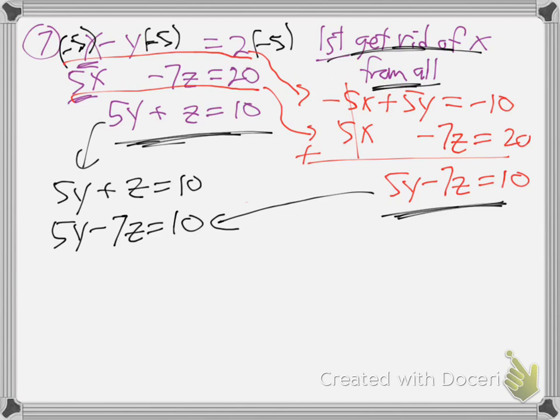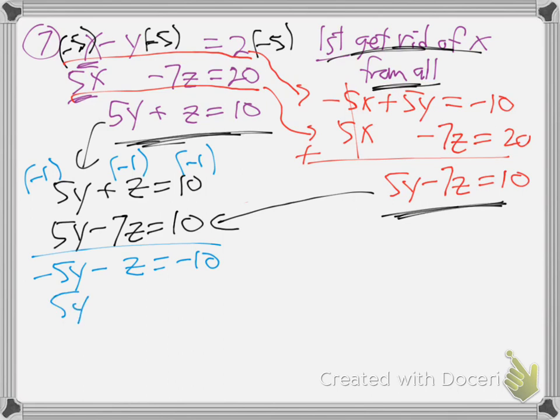What am I going to do? Yeah, -1. You can do the top equation or the bottom, it doesn't really matter. I'll just do this top equation. Multiply through by -1. That'll become minus 5y minus z equals minus 10. And then the bottom one will still just be as it was, 5y minus 7z is 10.